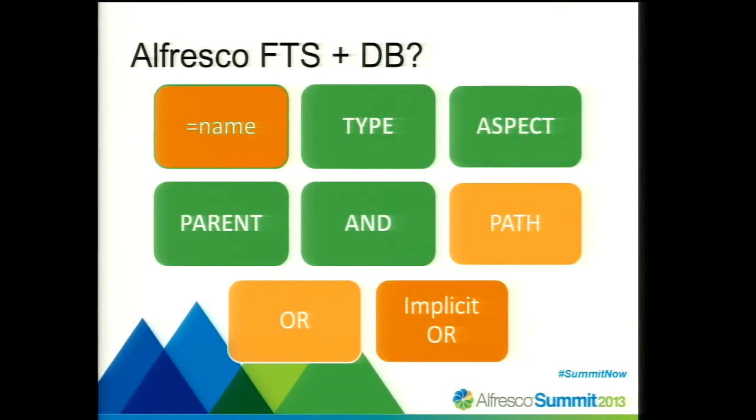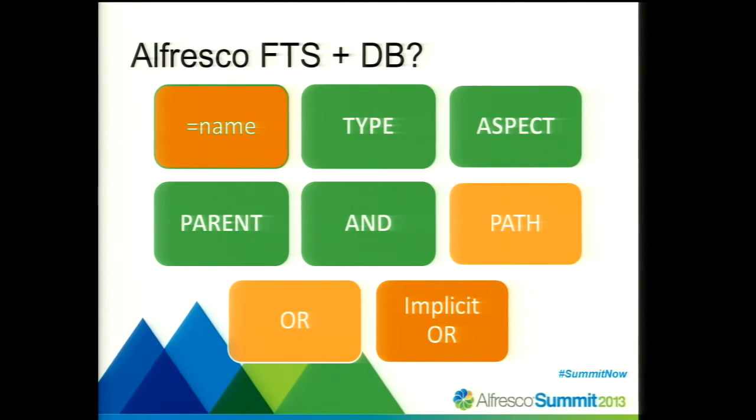So back to the DB engine stuff. Yes, we do support Alfresco FTS with database queries, but if you're going to search against a particular property, you need to tell your query that you want to do exact matching. And that's the first orange box with equals name in there.